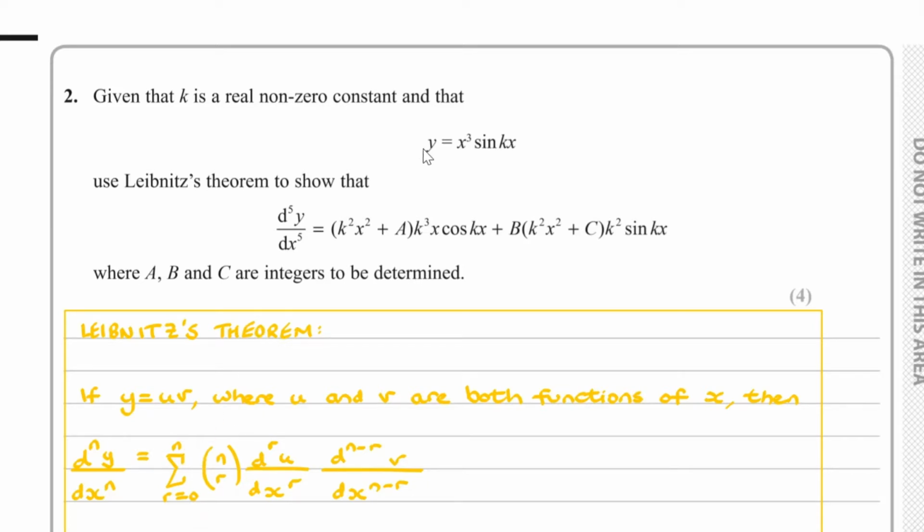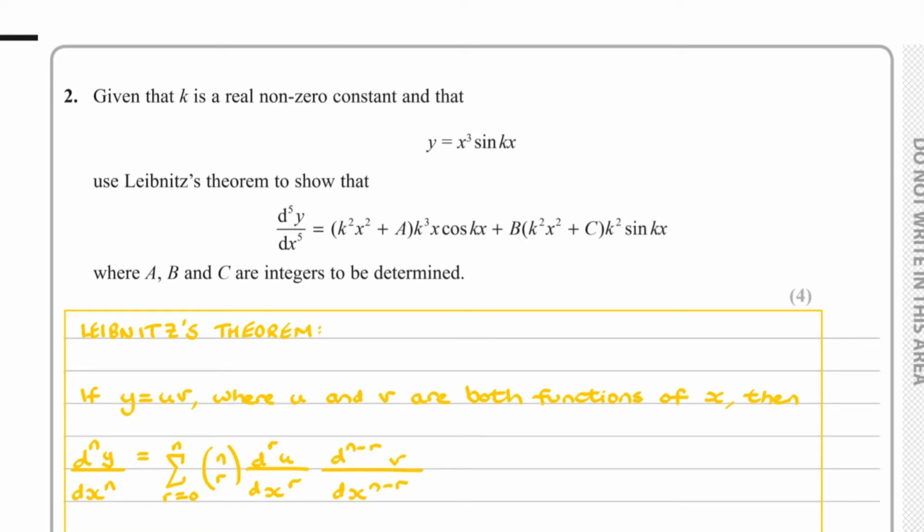And we've got y equals x cubed times the sine of kx, and at this point it would be a good idea to label u, which is x cubed, and v, which is sine kx. We then need to work out the derivatives. We need to work out the first derivative to the 5th derivative, because we need to show we have d5y over dx5 equaling something.